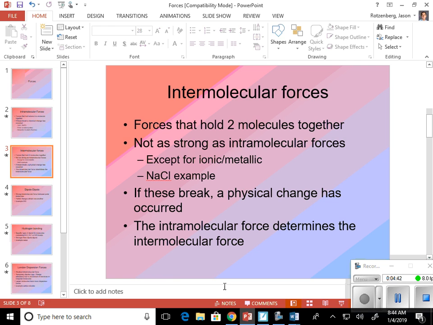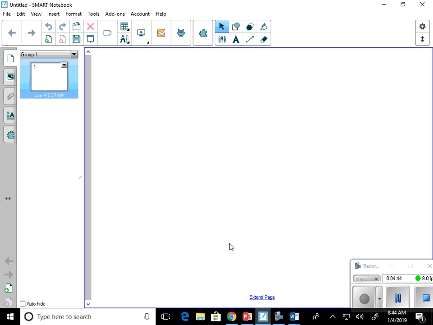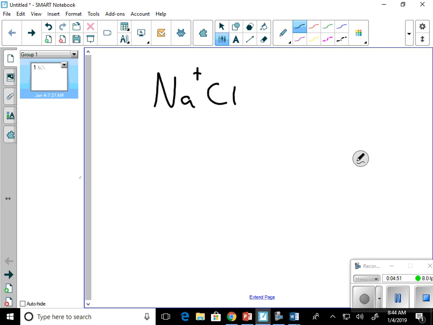Okay, and we'll come back to that slide. Here's one NaCl. But salt is a whole ton of these little NaCl's attached to each other.